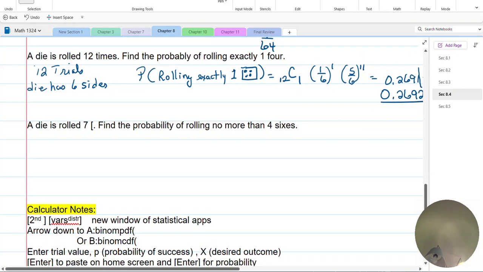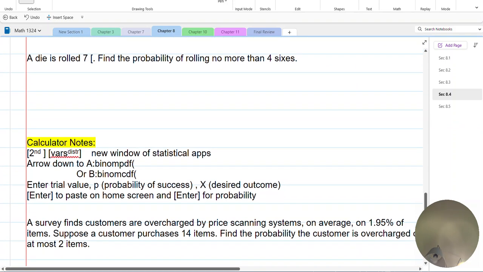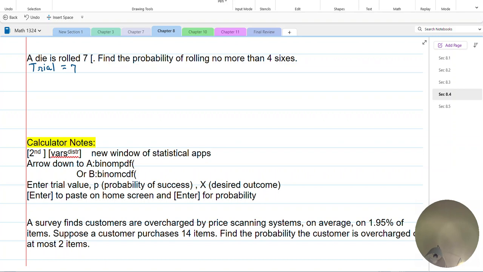Learning more and more. So here we have a die rolled 7 times. So our trial, experiment, trial, is 7 times rolling a die. And we know we want the probability of no more than 4 sixes.